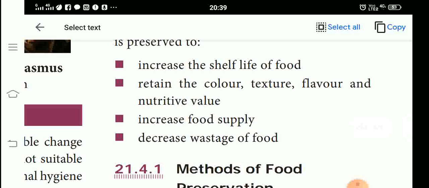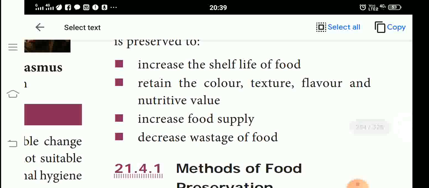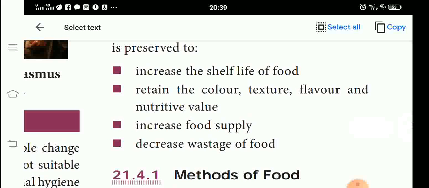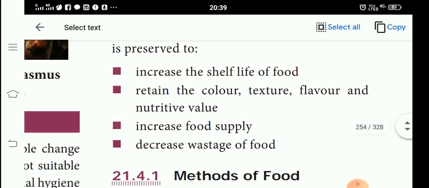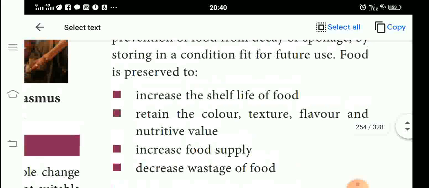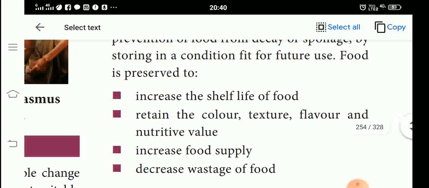That is, retain the color, texture, flavor and nutritive value. Then increase the food supply, decrease the wastage of food. For this purpose we are preserving the food. We have to increase the life of the food by adding the preservative, and we have to retain the same color for several months.